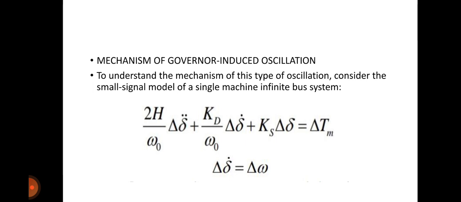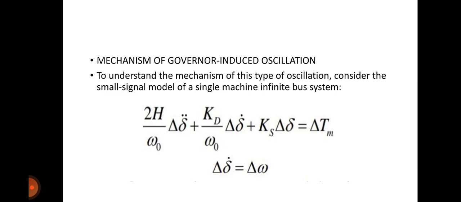Here the equation is 2H by omega naught into delta s delta rho plus K_D by omega naught into delta rho plus K_S into delta rho equals delta Tm.